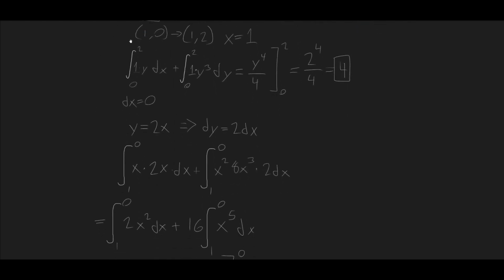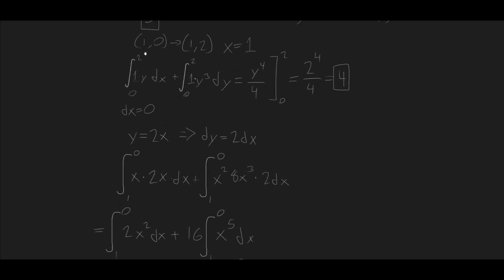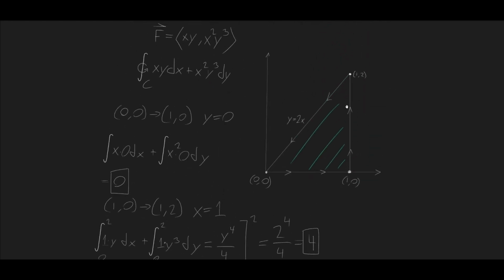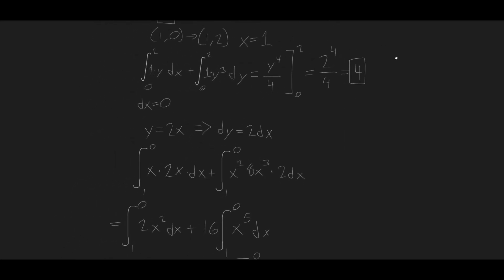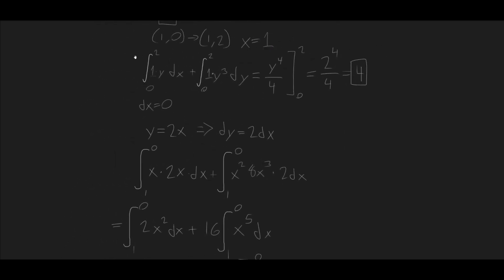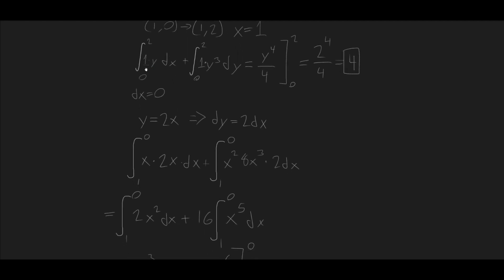So the next portion that we're going to look at is from (1, 0) to (1, 2) along the line x equals 1. So this one right here, this vertical line. When we plug that into our line integral, we have the integral of y dx plus the integral of y cubed dy.